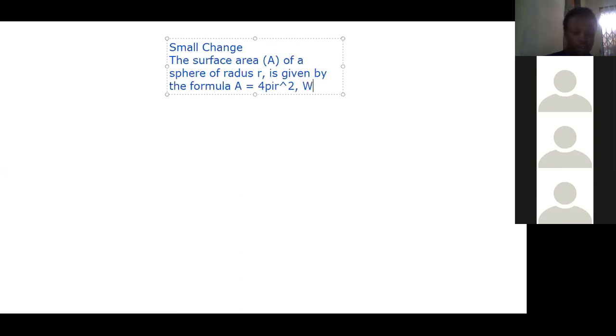When r is equal to 5 cm, it is decreased by 3%.